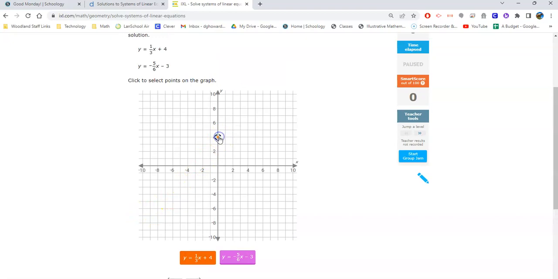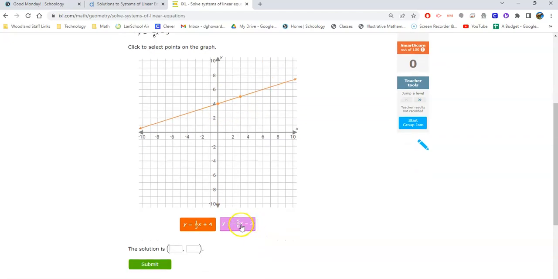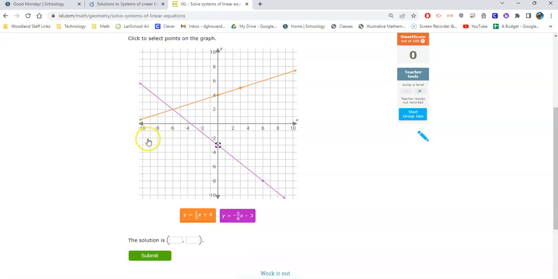That means I start at 4, and then I go up 1 over 3. Now I click on the other one, -3 minus 5 over 6x. I start at -3, then I go down 5 over 6. And look, they crisscross right over here at the point -6, 2.